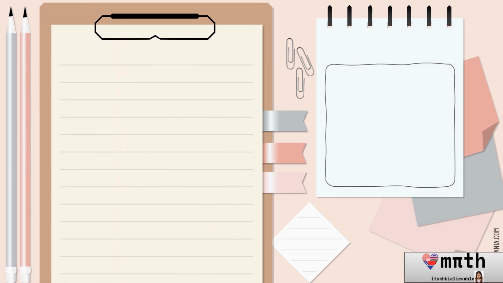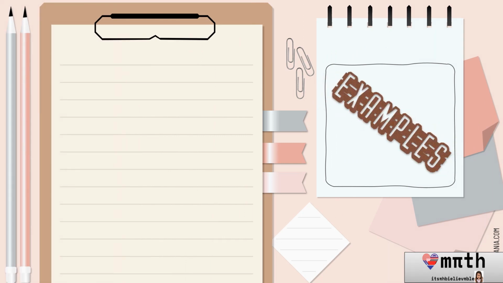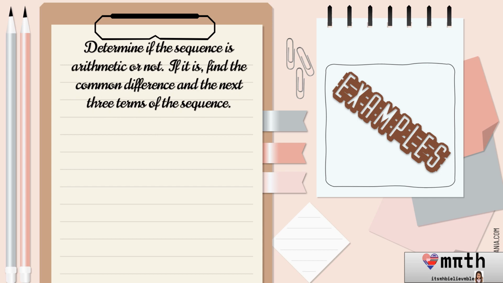And now, let's have an example. Determine if the sequence is arithmetic or not. If it is, find the common difference and the next 3 terms of the sequence. Here we have a sequence which is negative 4, 3, 10, and 17.